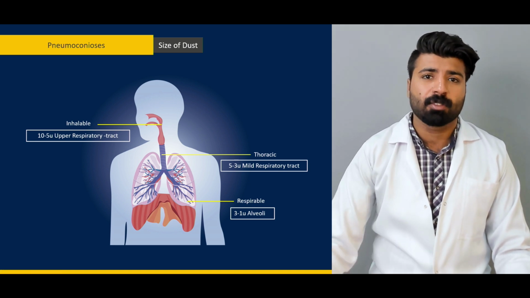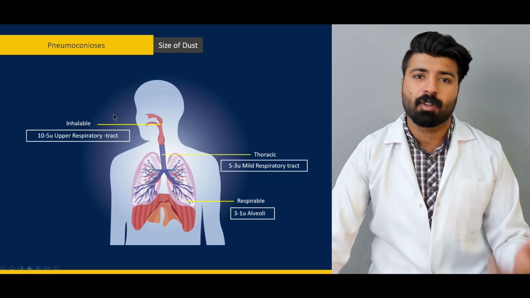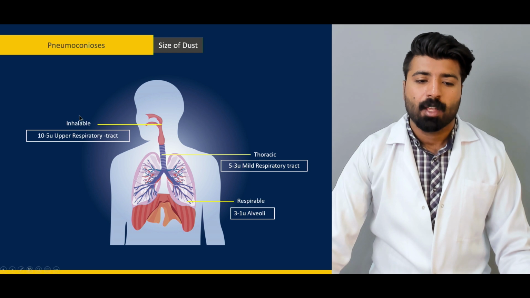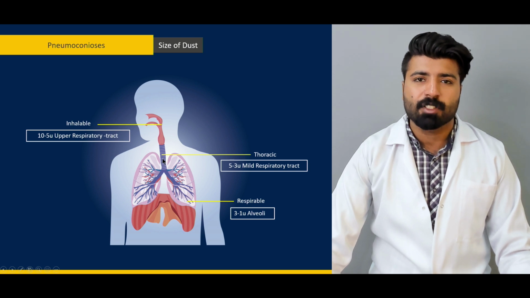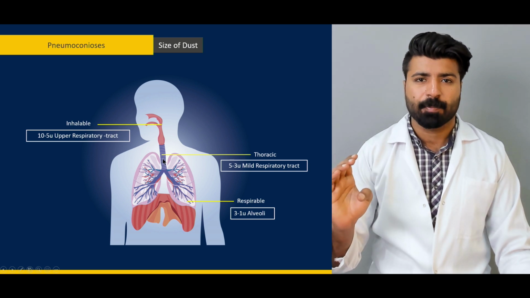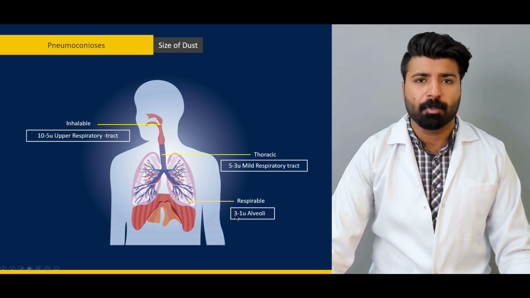And structures of 5 to 10 micrometers are going to get stuck in your nasal cavity or something. Structures that are 3 to 5 micrometers are going to get in, but they're going to get stuck right here because the thoracic level supports only 3 to 5 micrometers. And further away, when we go to the alveolar level, it will only support 1 to 3 micrometer structures.